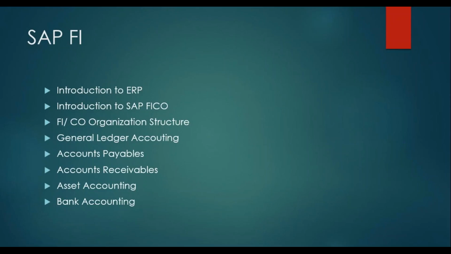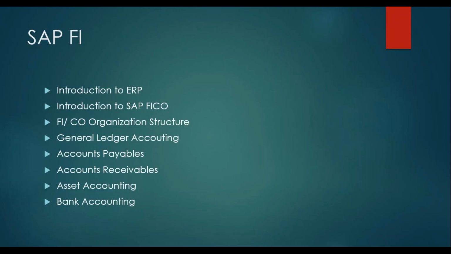Account payables includes all the transactions related to vendors, maybe the advance payments, the normal payments, the invoices, the credit notes, whatever comes under account payables. Then we have account receivables, asset accounting, and bank accounting. These are some of the topics that we'll cover from the financial accounting point of view.